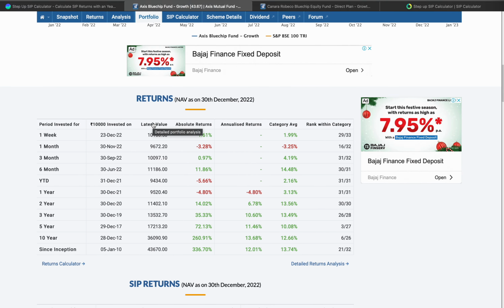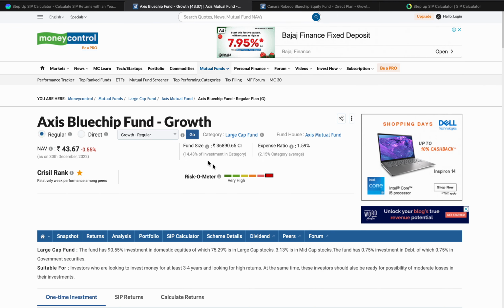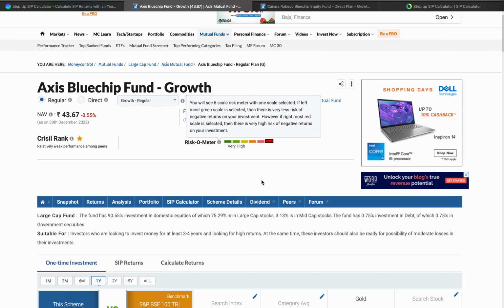Now let's also discuss how the fund size matters. Axis Blue Chip Fund, I'm also invested in this particular blue chip fund for the last 2 years.